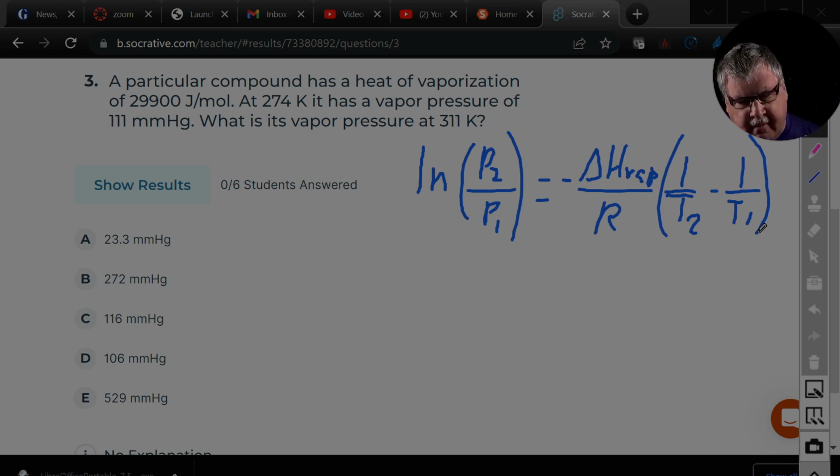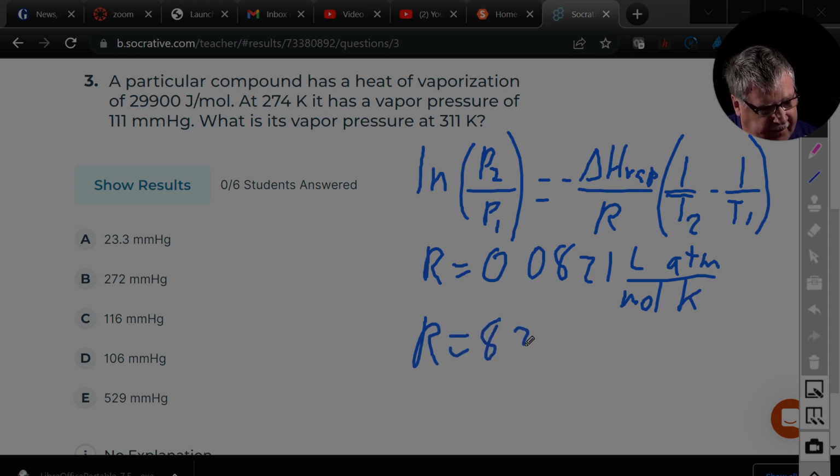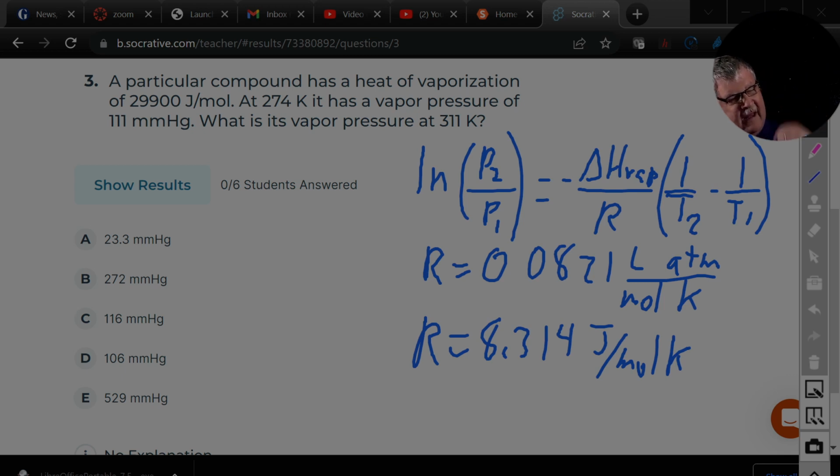All right. The other thing you're going to find in the information sheet are several R values. You're going to see that R is equal to 0.0821 liters times atmospheres over moles times Kelvin, or we have that value of R. Which one are we going to use here?